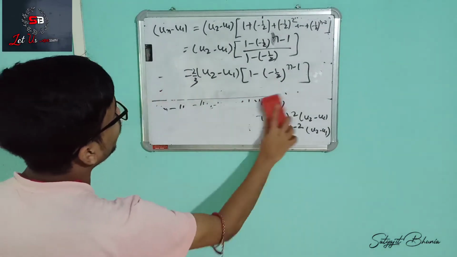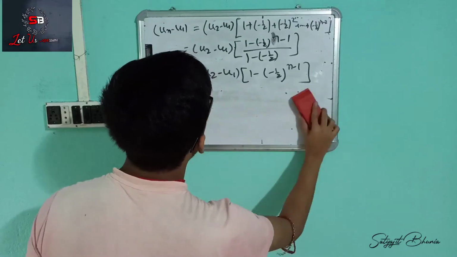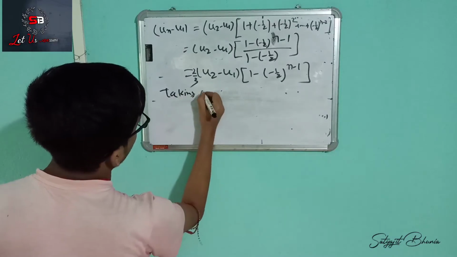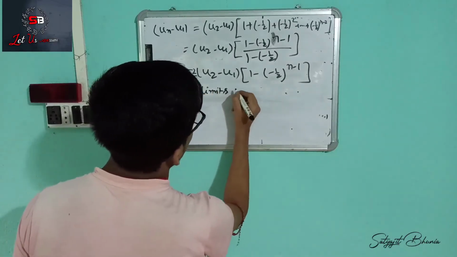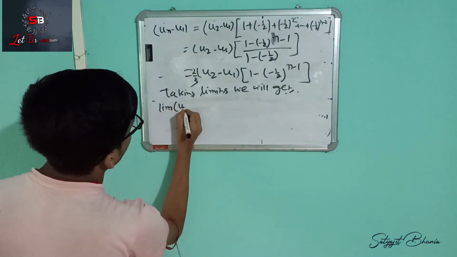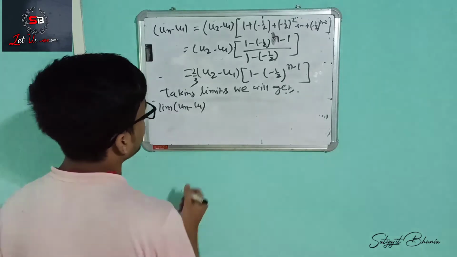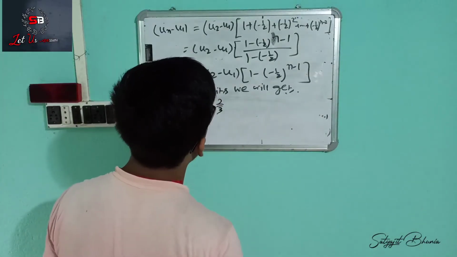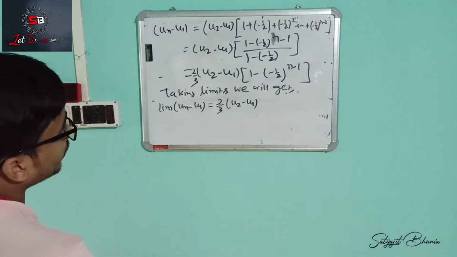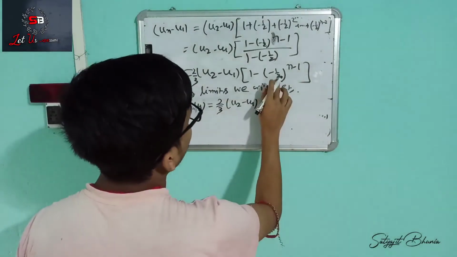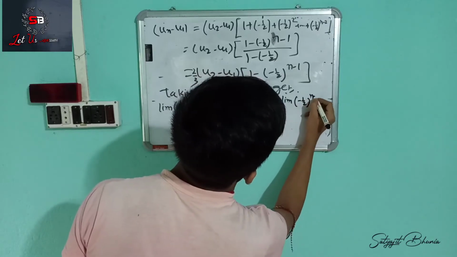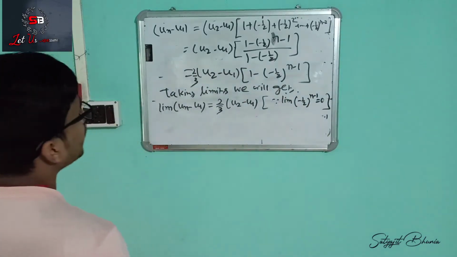Taking the limit on both sides, we will get limit of u_n minus u_1 equal to 2 by 3 times (u_2 minus u_1), since the limit of minus half to the power n minus 1 is equal to 0.